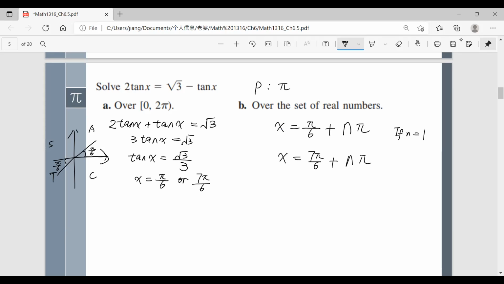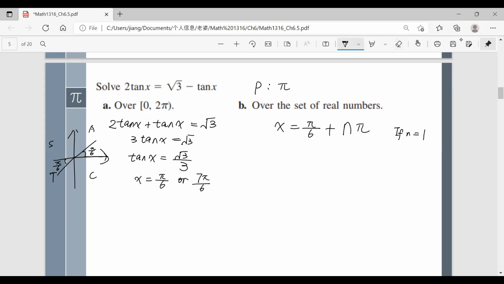That means this angle is included in this general solution. So there's no need for me to write down this one. I just have one expression for the general solution, so I can erase this one.